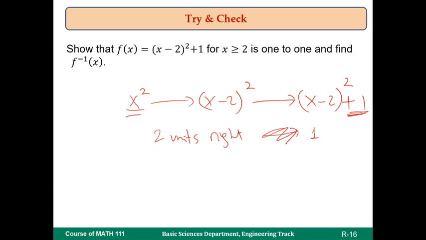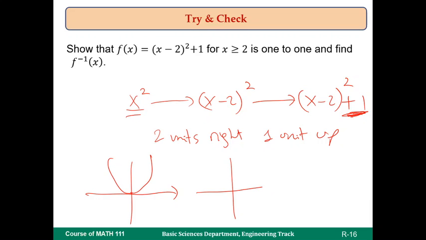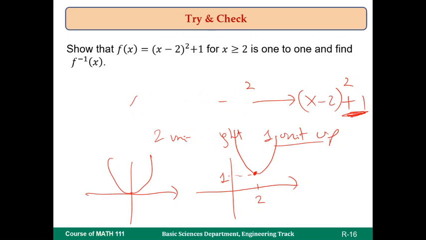So this x squared becomes 2 units right and 1 unit up. So let's make the graph, and here this is the graph of this function.